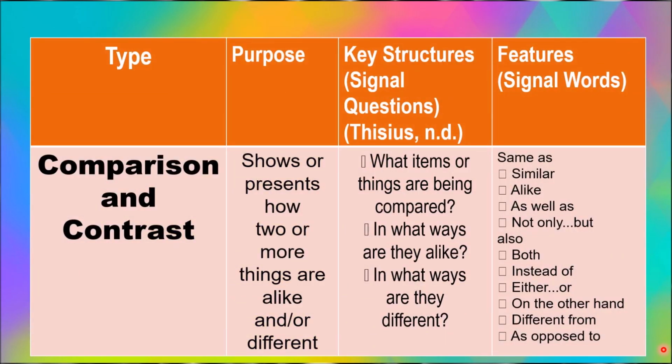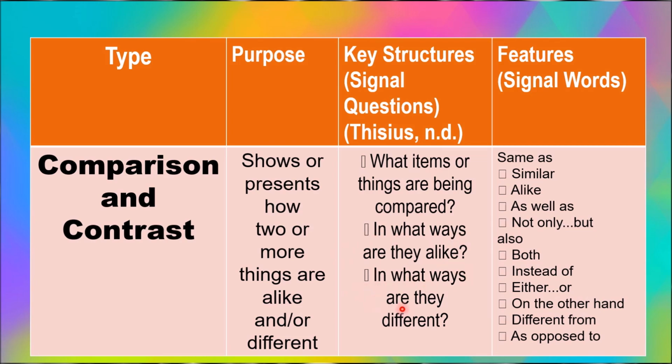Fourth type. Another type is comparison and contrast. What's the purpose for comparison and contrast? It shows or presents how two or more things are alike or different. And their key structures, their signal questions: What items or things are being compared? In what ways are they alike?